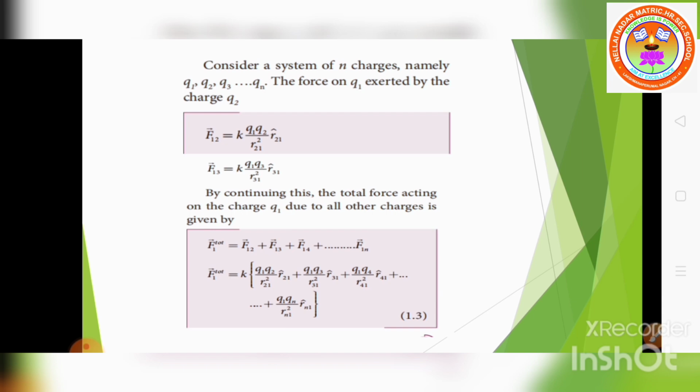So K is taken as common, then Q1 Q2 divided by R21 square into R21 cap plus Q1 Q3 divided by R31 square, R31 cap plus Q1 Q4 divided by R41 square, R41 cap plus etc., Q1 Qn divided by Rn1 square into Rn1 cap. Understand, children? This is what we call the superposition principle.